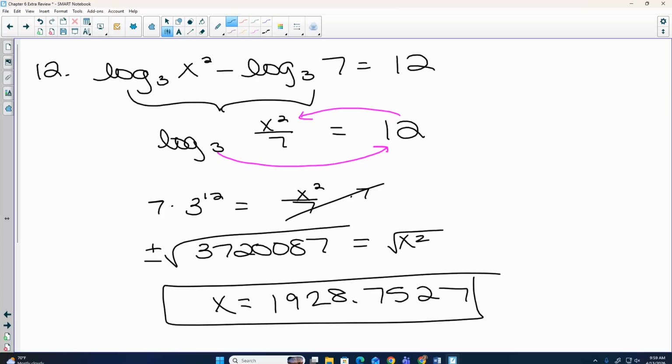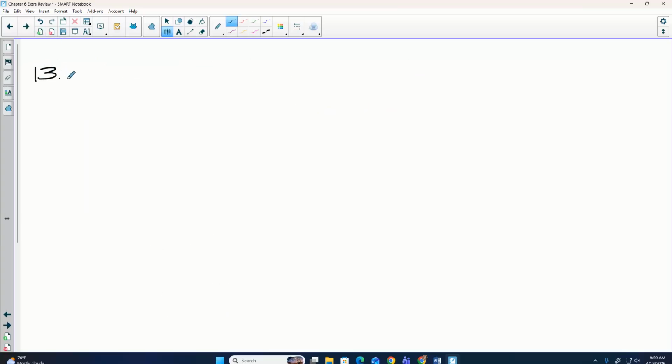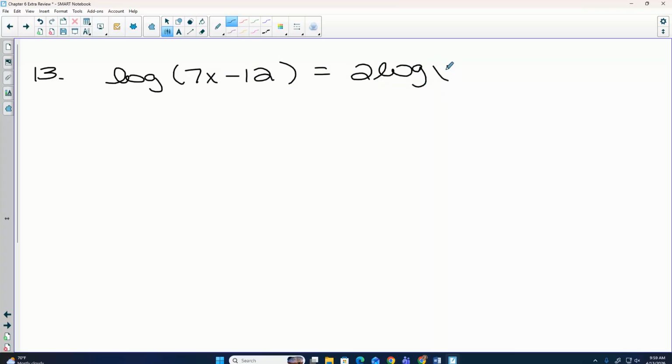Problem 13. We start with properties of logs. On the left, we already just have a single log. On the right, we have a single log, but the problem is there is a 2 in front. So what should I do with that 2? Now, this problem has a log on each side.